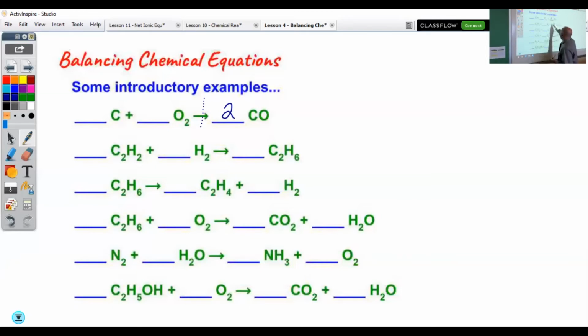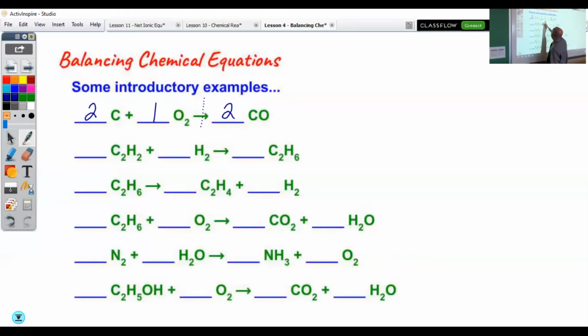So in our case, we have 2 oxygen and we have 2 carbon. So I'm going to put a 2 over here on the left side. And now notice that I have 2 carbon, 2 carbon. I have 2 oxygen. There's nothing here, so essentially that's a 1.